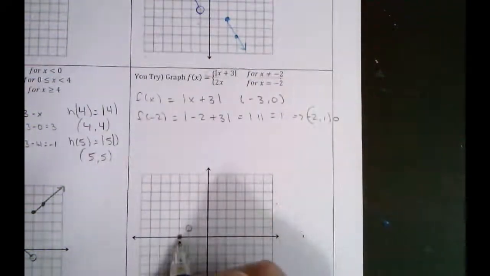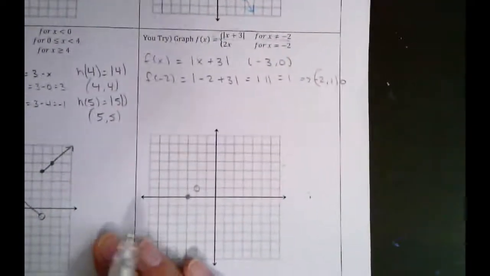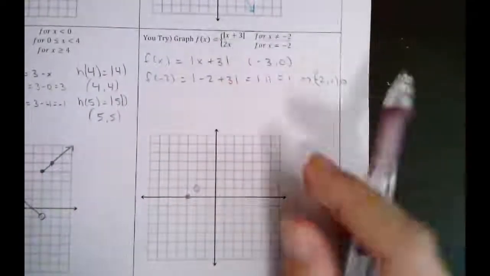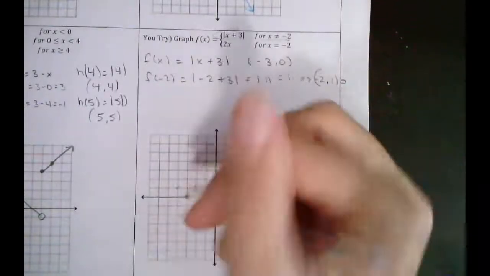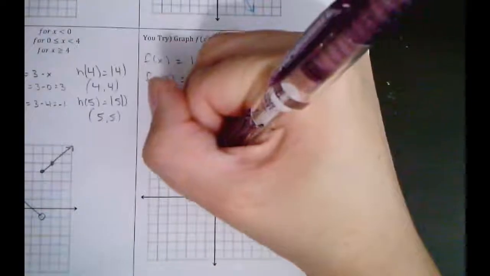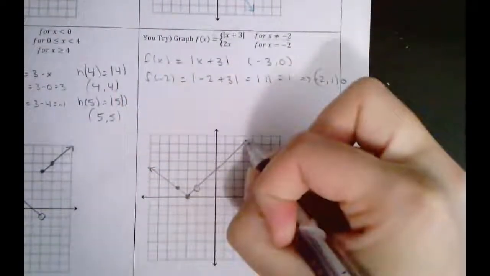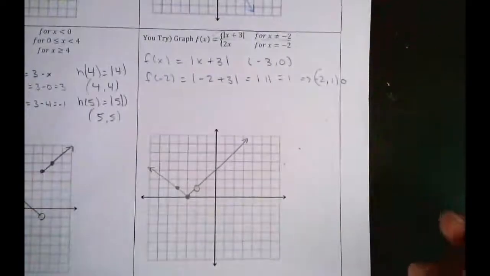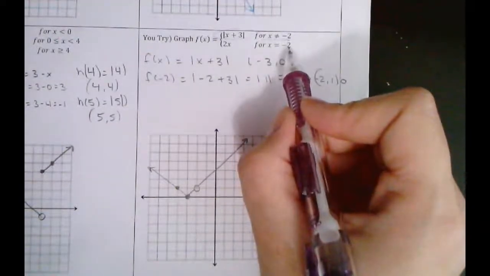So remember, this is the vertex, so we can finish the graph by using the slope, which again is just 1. So this is up 1 to the right, already done. Up 1 to the left will get us the V. Just make sure you don't go through the hole. And then we'll finish the rest.